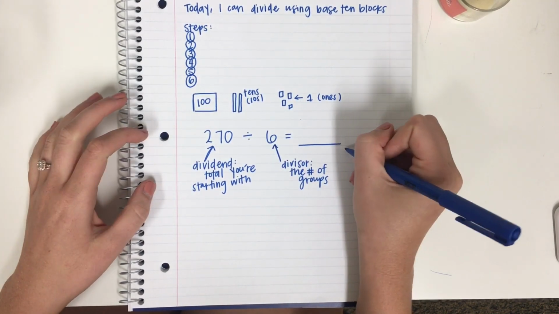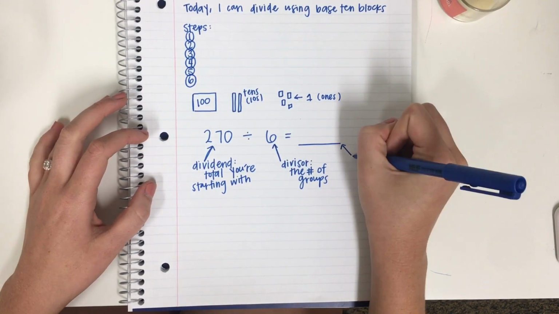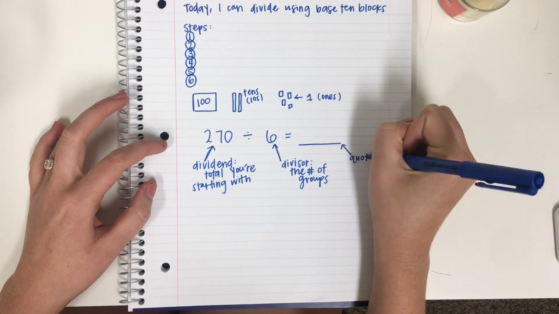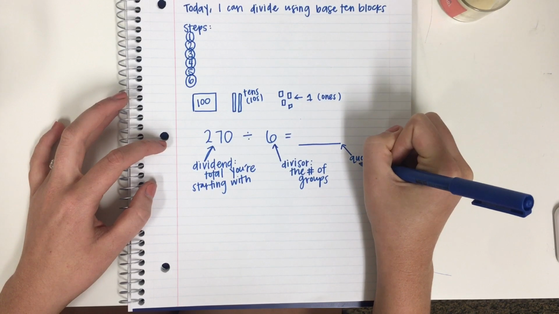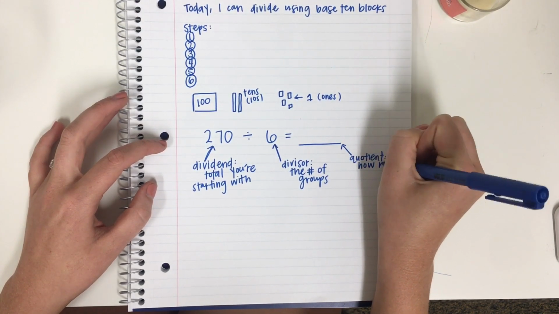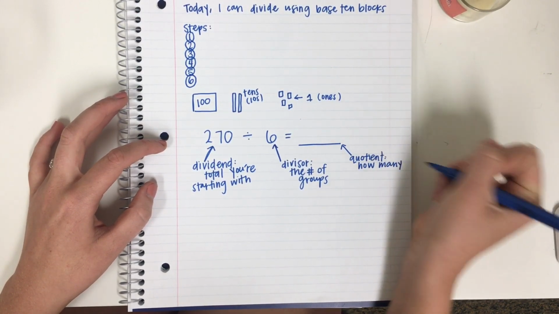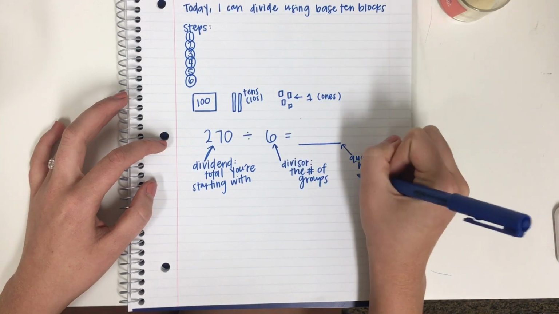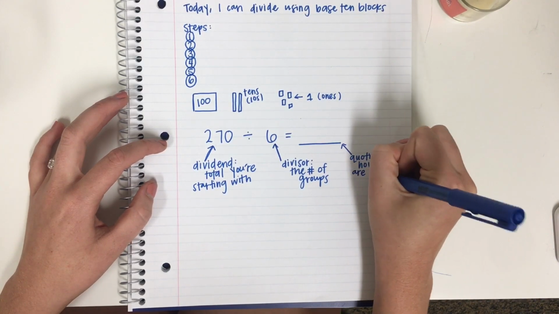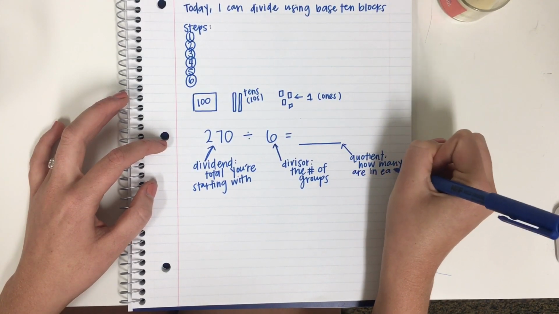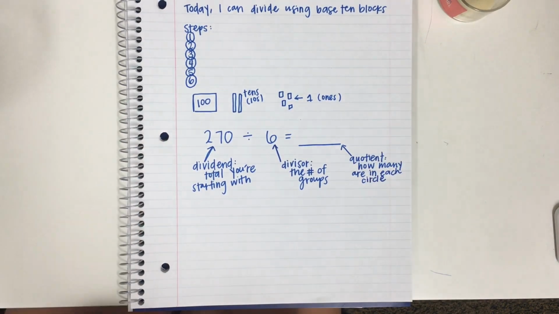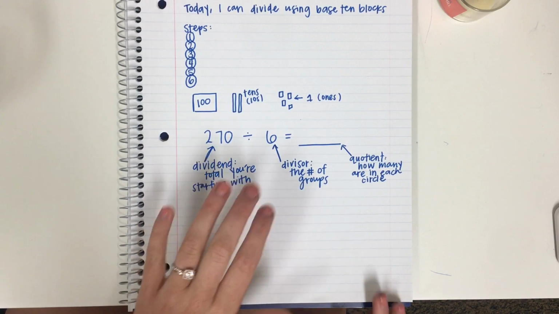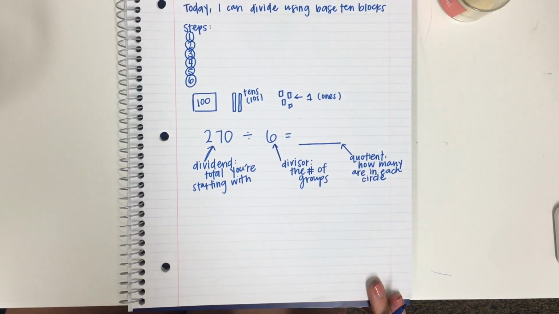This is what we call our quotient. It's how many are in each circle. So we have dividend divided by our divisor, which gives us our quotient.